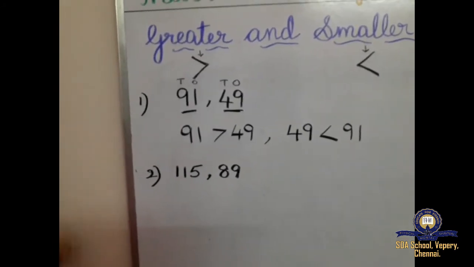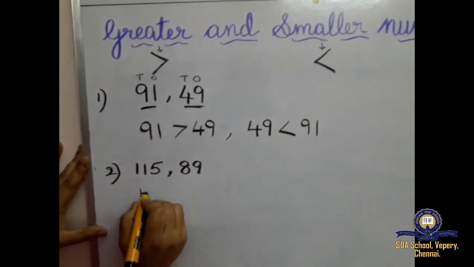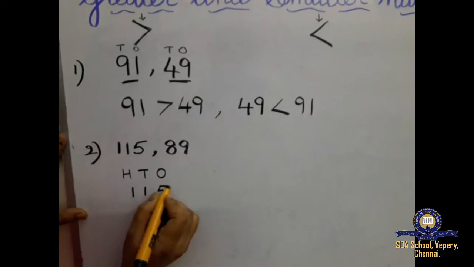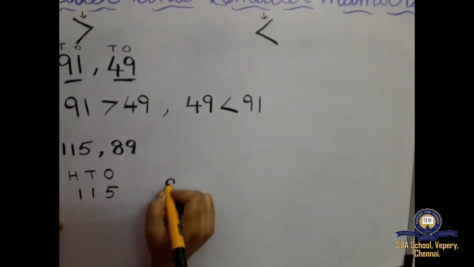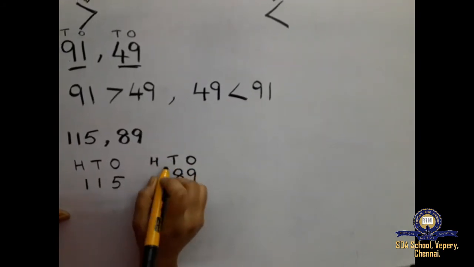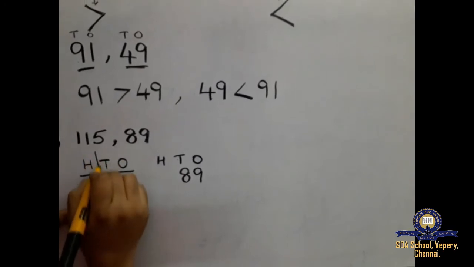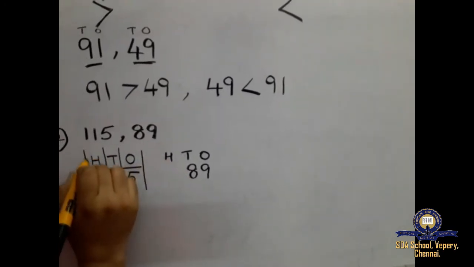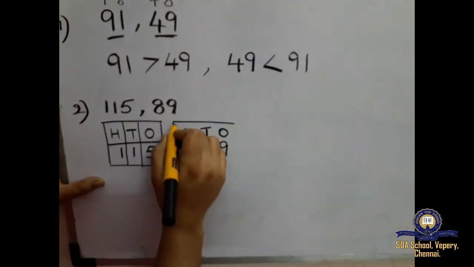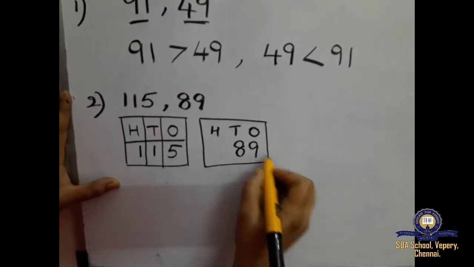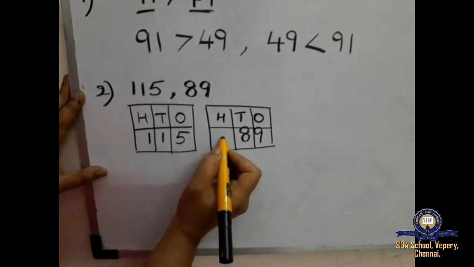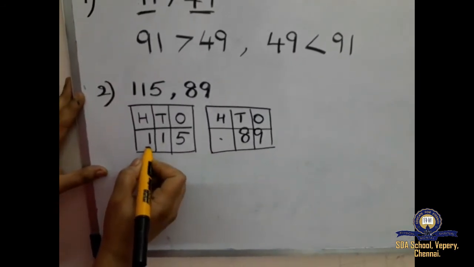First, hundreds, tens, ones: 115. And 89: tens, ones, hundreds. In the hundreds place, here nothing is there, but here 1 is there.